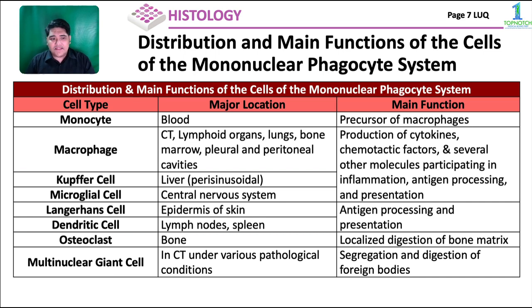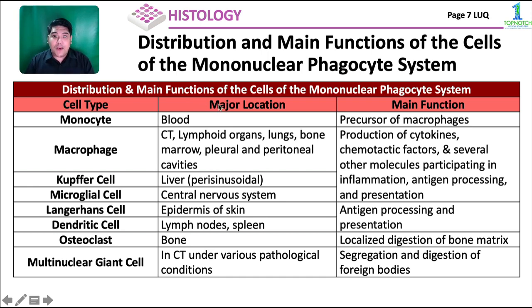This is high-yield, guys, because when your monocyte goes to the connective tissue or tissue, its name is just macrophage. And depending on the area of the organ system, macrophages just change names. So again, important. Our starting point is the monocyte, major location in the bloodstream.